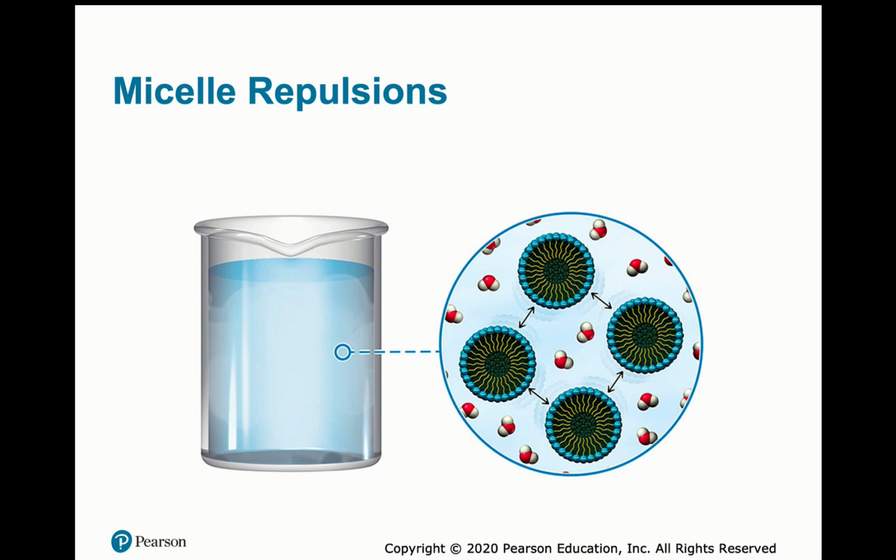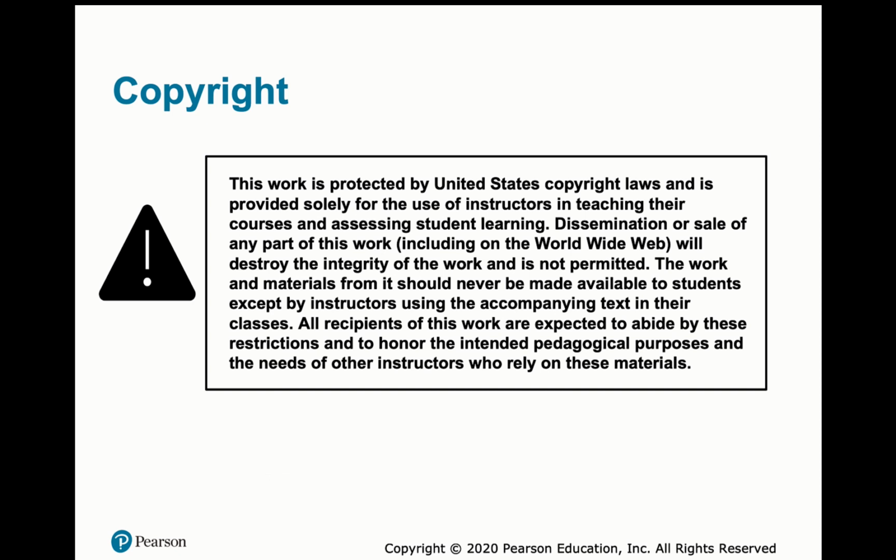Micelles also repel each other, so they don't go into big blobs, because their surface is negatively charged. And you can make suspensions there, and you can make them wash away also. In this case, you put them in a beaker in solution, and then they'll scatter light with a Tyndall effect. And we're done. Thank you for joining us.